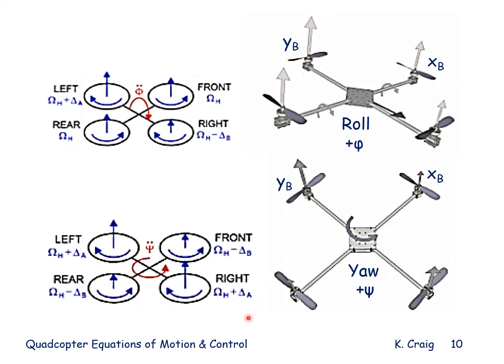This change in all four motors will give us a positive yaw angle, which is a rotation about the z-axis of the body fixed reference frame.